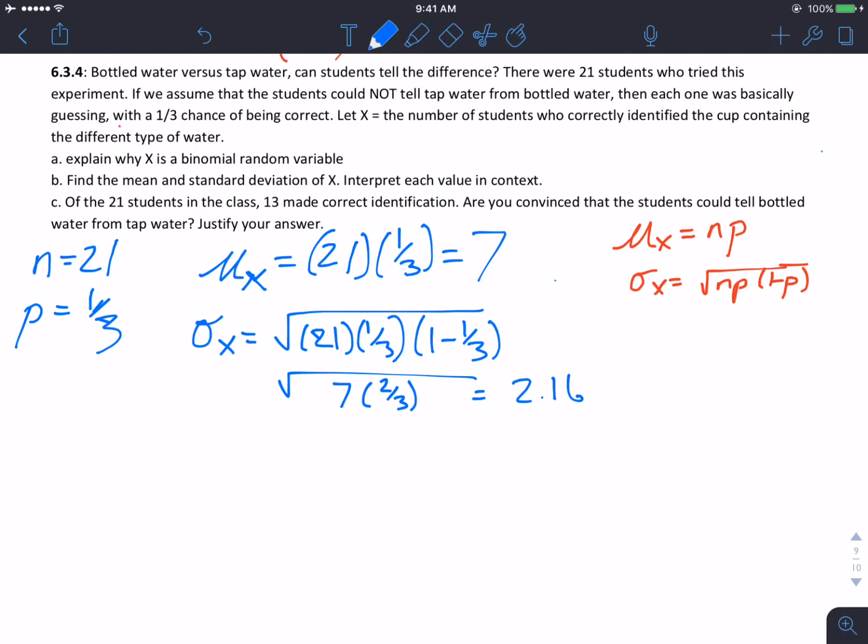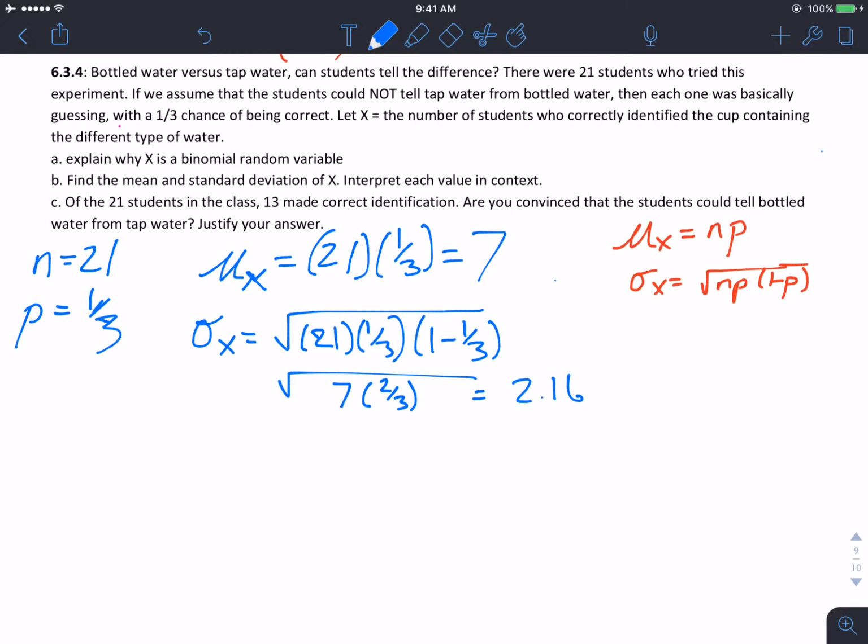So that means the standard deviation is if we repeat this many times, the number of correct identifications would typically differ from 7 by about 2.16, either above or below the mean. So our standard deviation is 2.16, our mean is 7.